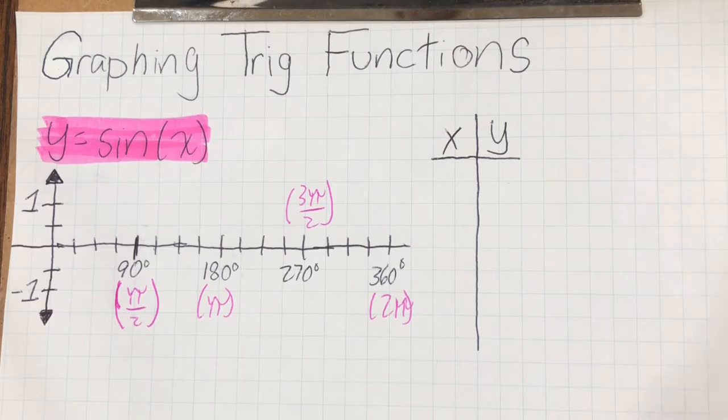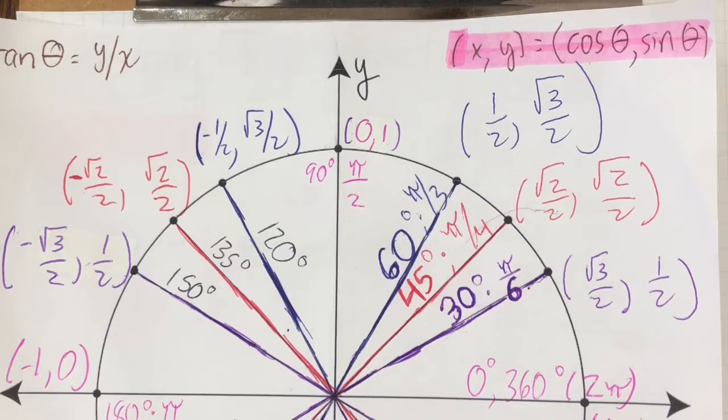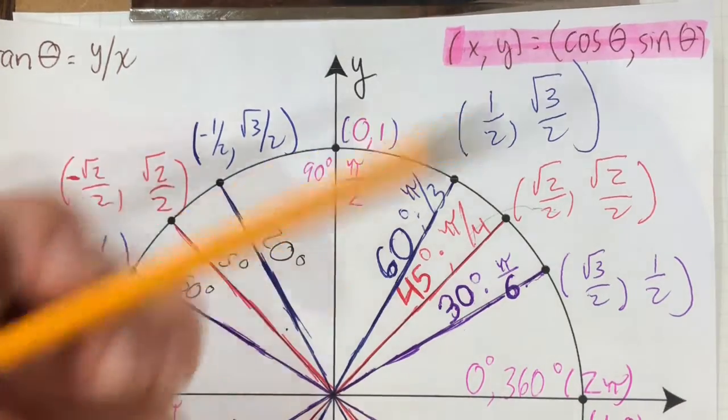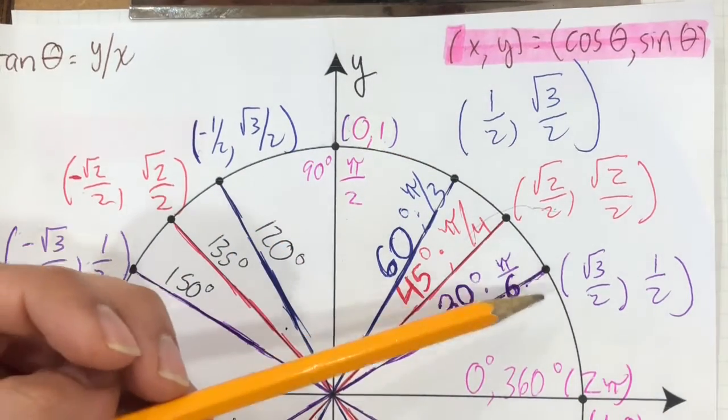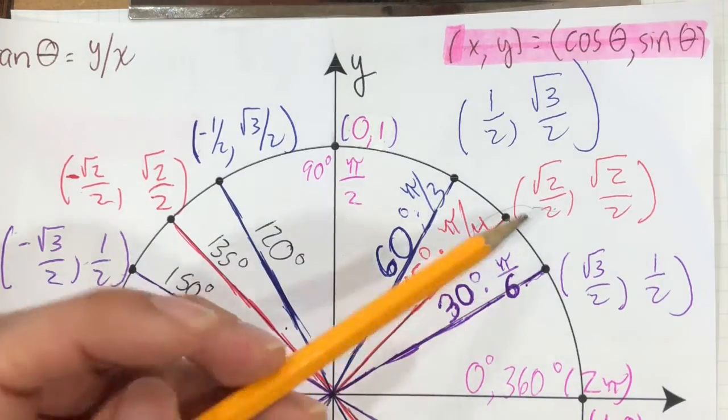Now let's go ahead and use the unit circle. All right. Now we have our unit circle, and if you guys recall, when we evaluate sine of a given degree or radian, we always look at the y value of the intersecting point of the terminal side of the angle and the unit circle.